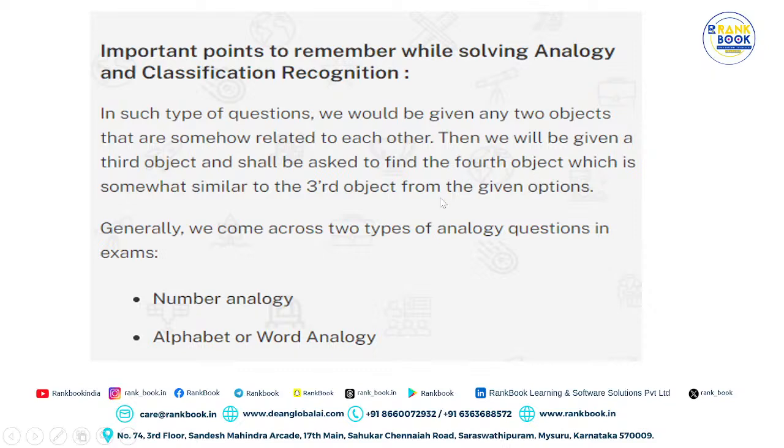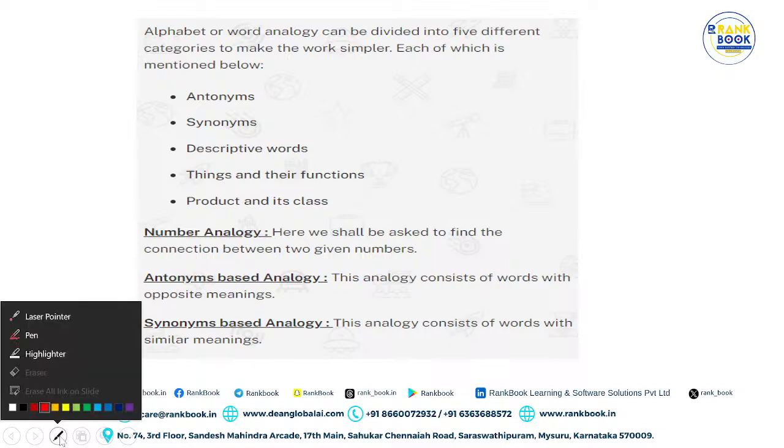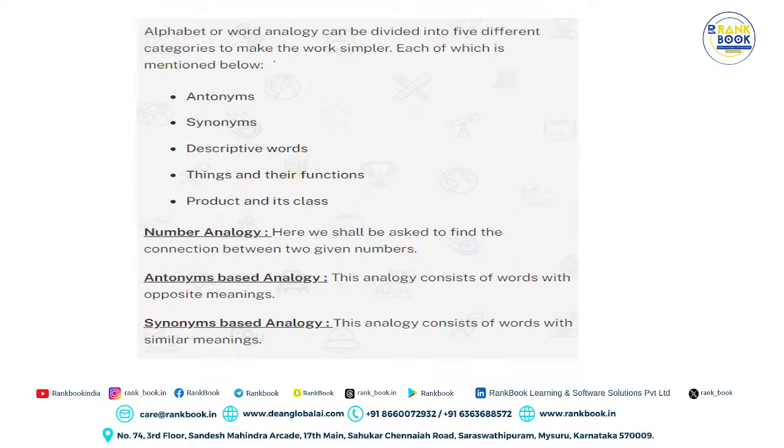Now we have two different types of analogies. One is number analogy and the other is alphabet or word analogy, right? In alphabet or word analogies, we have antonyms and synonyms, descriptive words, things and their functions, products and classes.